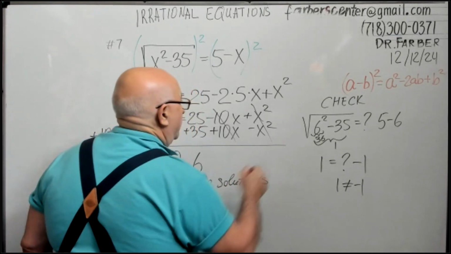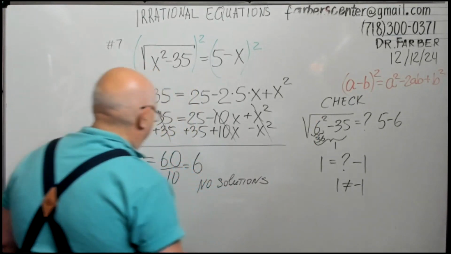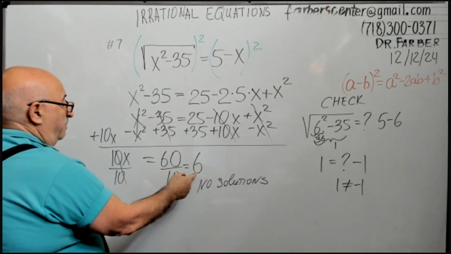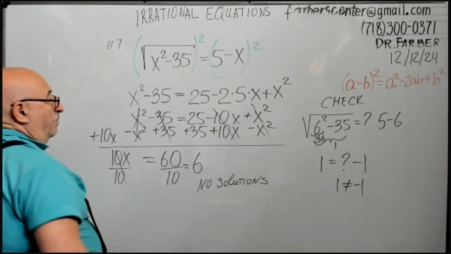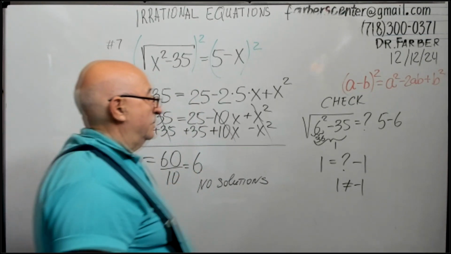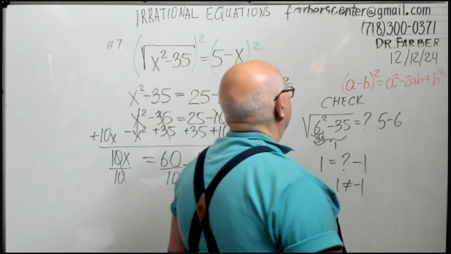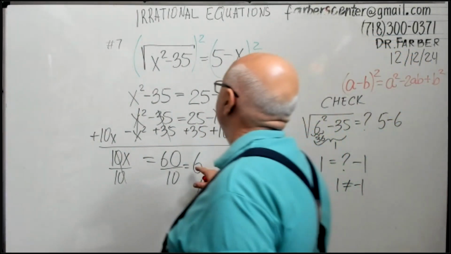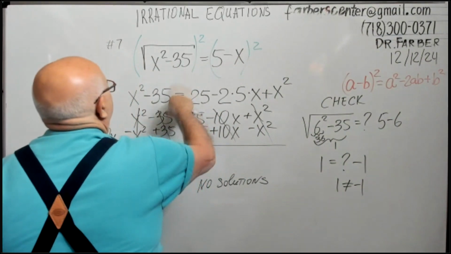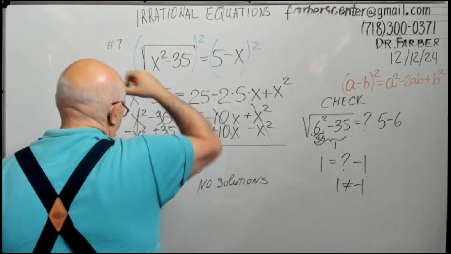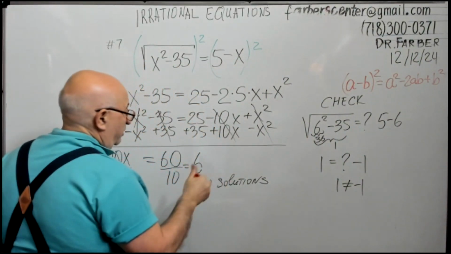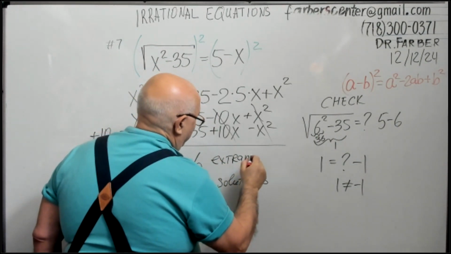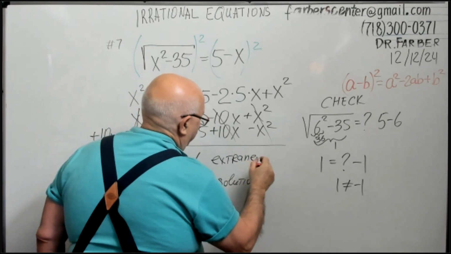You see what happens if you do not check? How come? I did not make any mistakes. I did it correctly. But why do I get this garbage solution? Because this solution belongs to this equation, not to that equation. We name it an extraneous solution, like aliens.